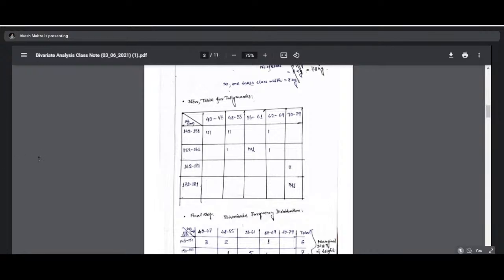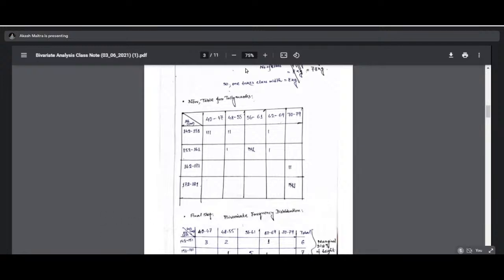Now from my data points, like 151 and 45, the pair, 151 means it will be from the first class, and 45 means it will be from the first class. So in this 1 box it will be there, and so on. I have completed all those tally marks in this table.